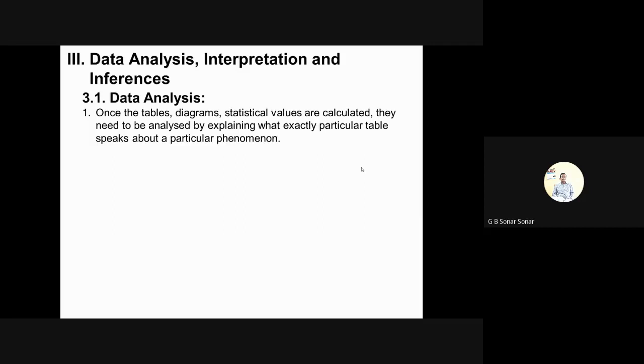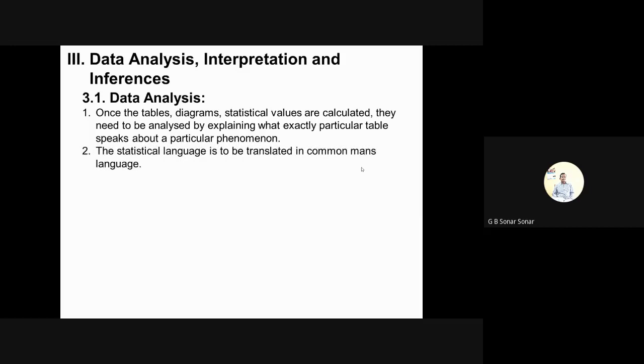It can be a table, a diagram, a statistical value calculated, or anything. As a researcher, we have to analyze the link between the phenomena, the trends present in the tables or diagrams or statistical value.